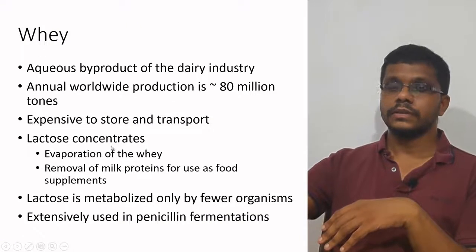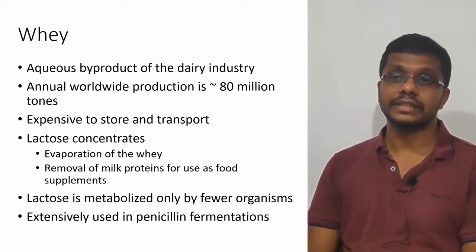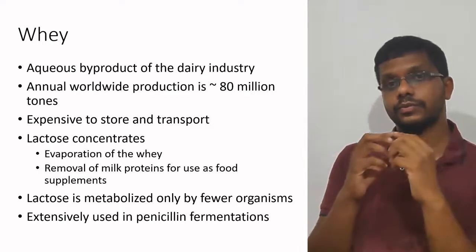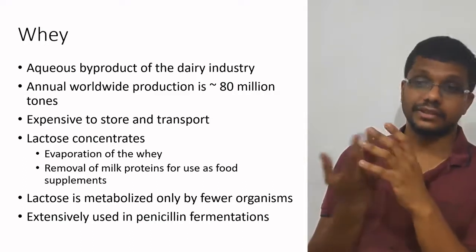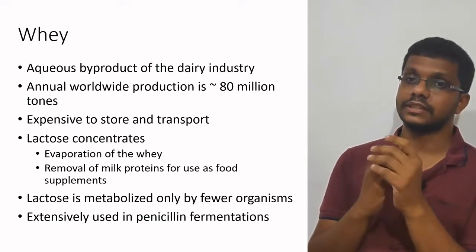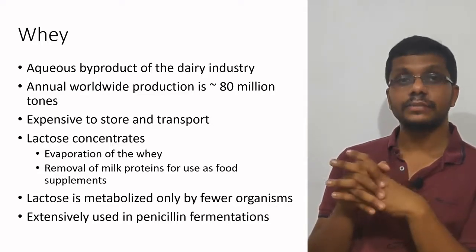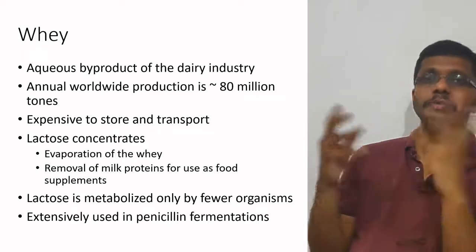Next is whey. Whey is also a waste product. It originates from the dairy industry. When we make cheese out of milk, the liquid left after the production of cheese is called whey. Annually, worldwide production of whey is about 80 million tons, so it's a huge amount.